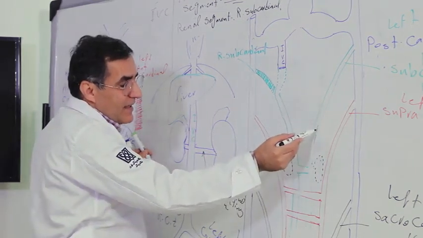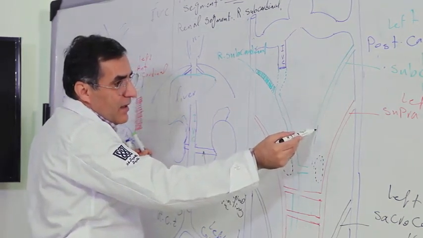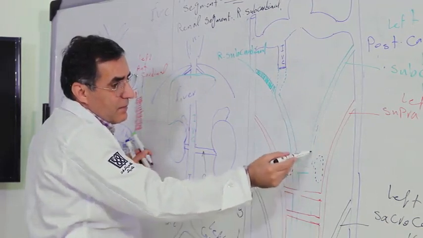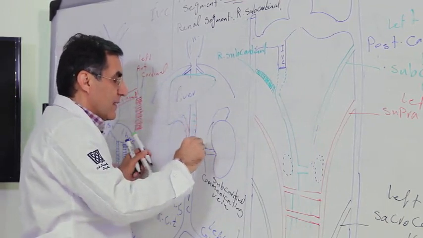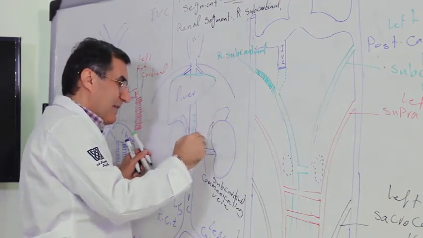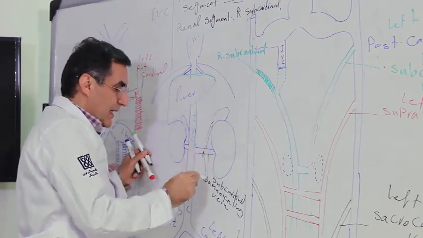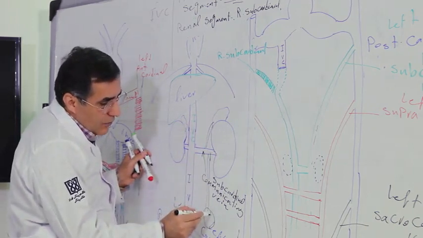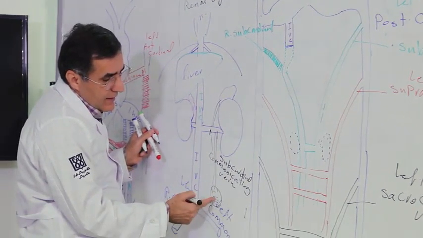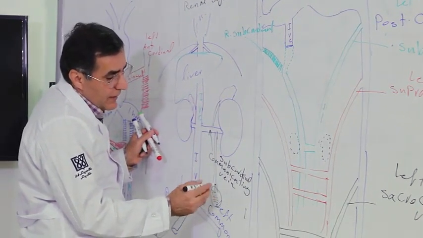The left subcardinal, the remaining part of the left, makes these veins: the left suprarenal vein and the left gonadal vein. This is a gonadal vein. It means that this is a testis in the male or ovary.